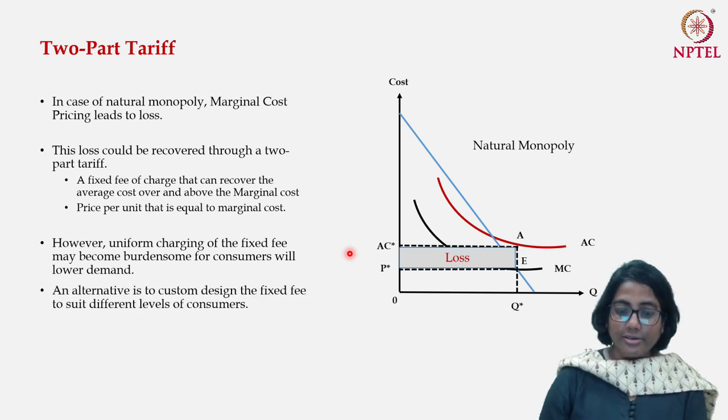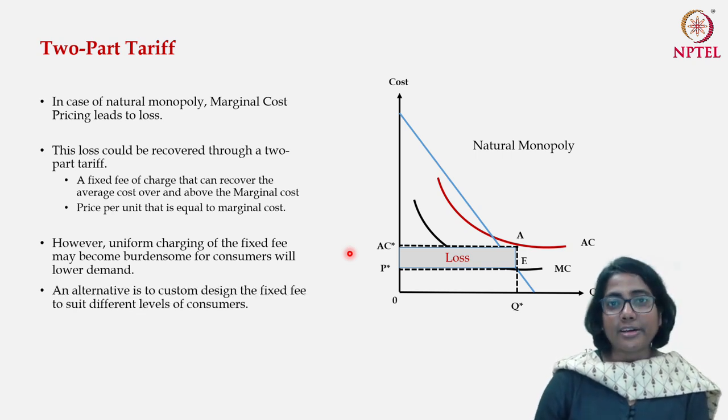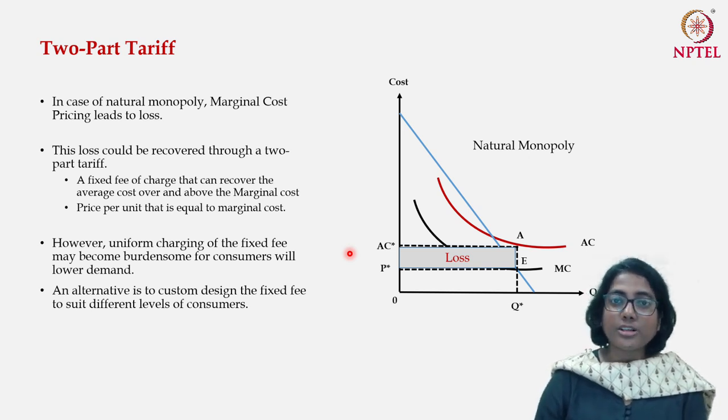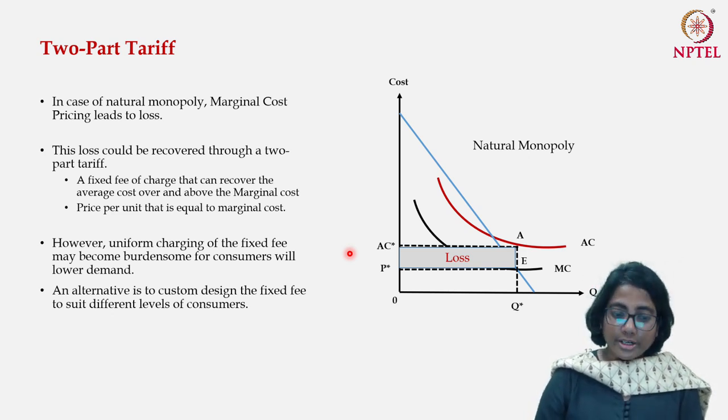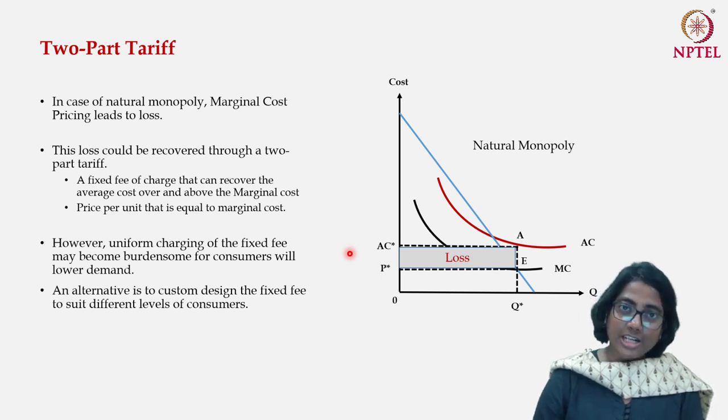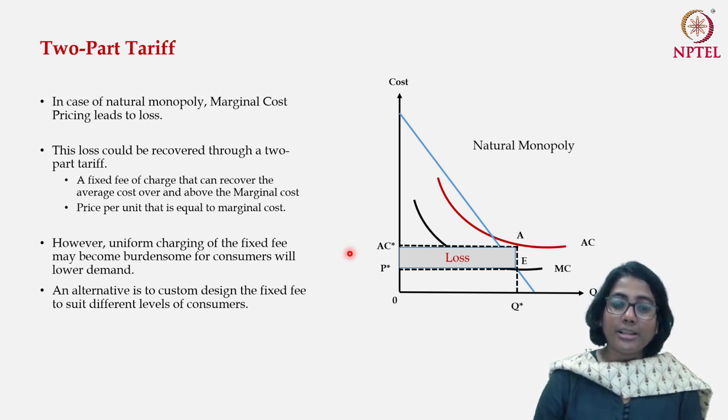Now you think about electricity. In case of electricity, if everybody has to pay a certain fixed cost, then for some people who are very low end consumers of electricity, who are using only few units of electricity, it will be too burdensome for them. So the alternative that is suggested is that you custom design the fixed fee. You charge everybody the marginal cost, but the fixed fee should be custom designed.